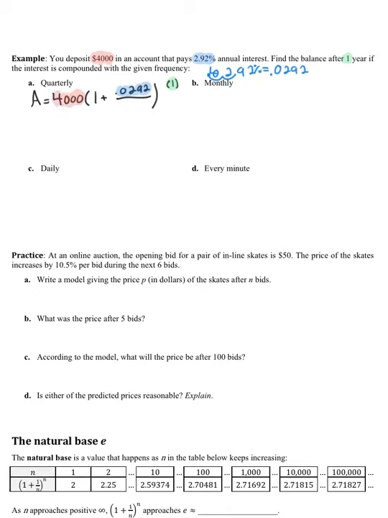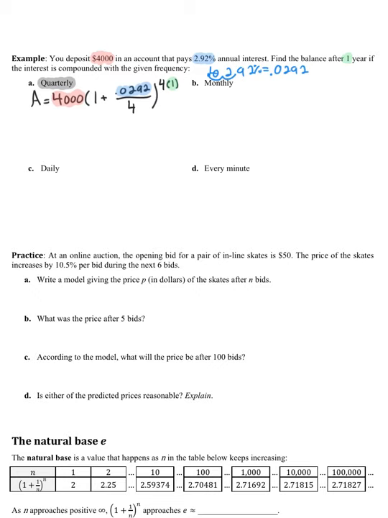And then the last part, it says it was compounded quarterly. So how many quarters are in 1 year if it's compounded quarterly? Think about quarters in a dollar. It's the same idea, right? You should end up getting 4 when you're doing this for quarterly.